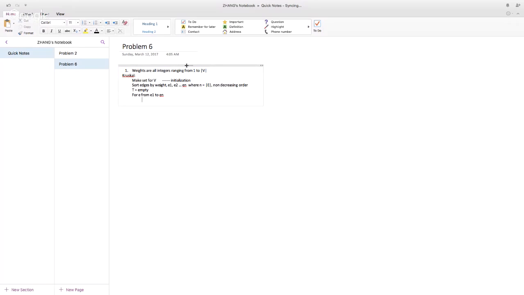So denote E to be U, V. And if E does not form a cycle in T, that is, in the textbook, it's find set operation of disjoint set, find set of U not equal to find set of V.